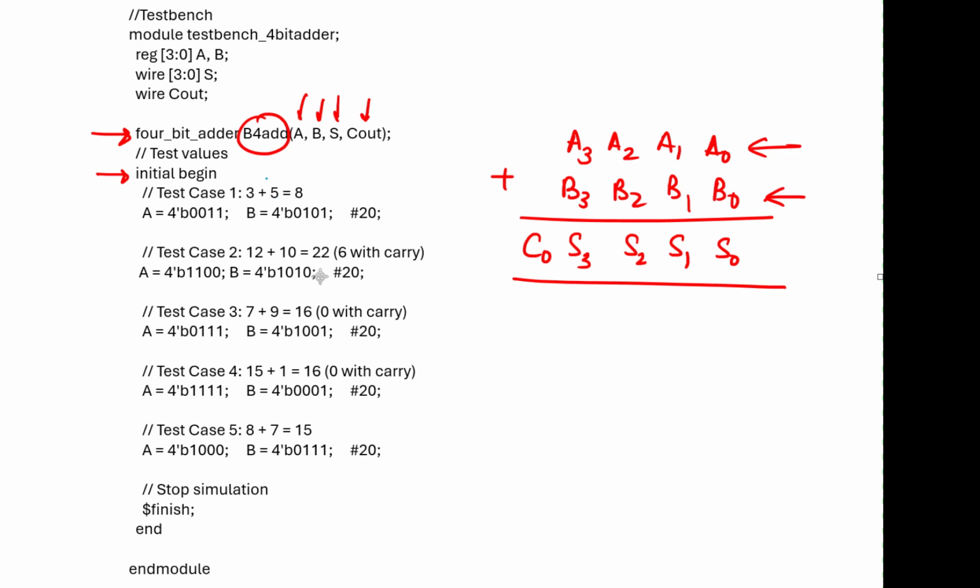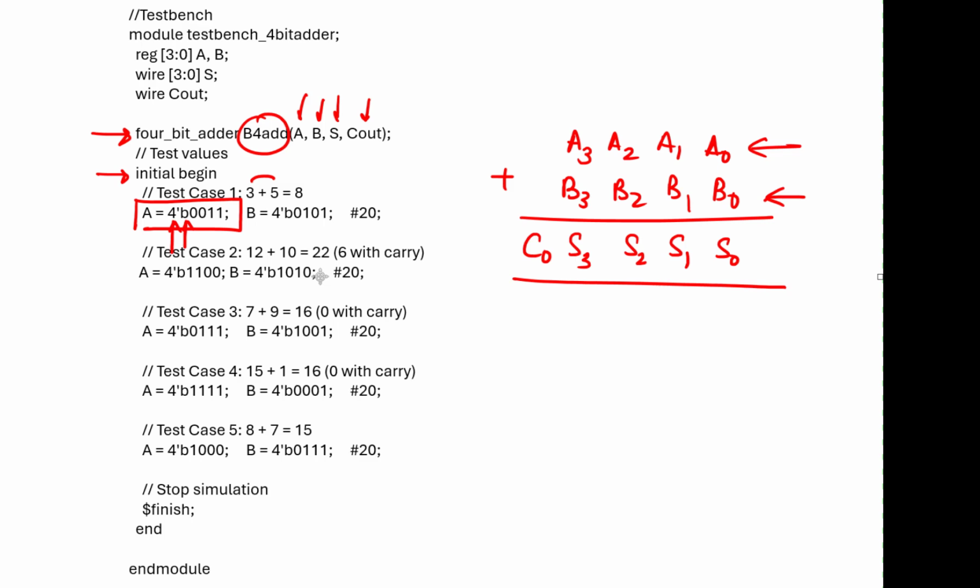For example, in the first case, 3 plus 5, that means A is defined as 4'b0011. This statement basically means a 4-bit binary number 0011, which is decimal 3, binary 0011, right?